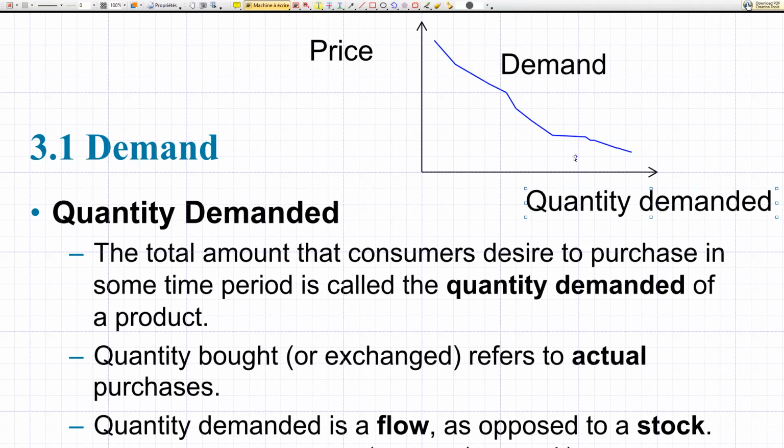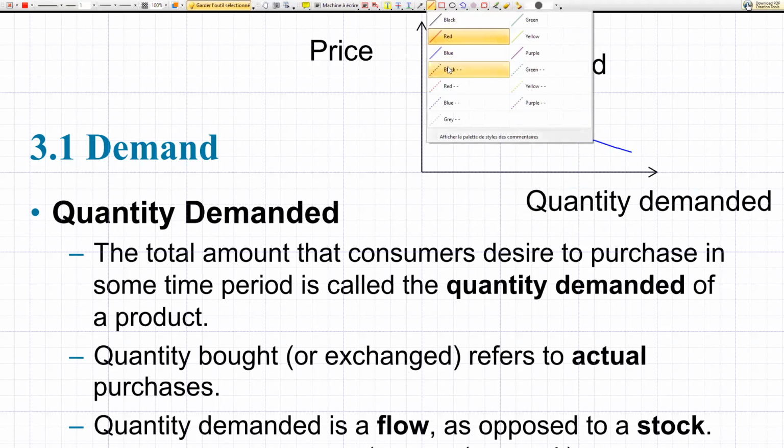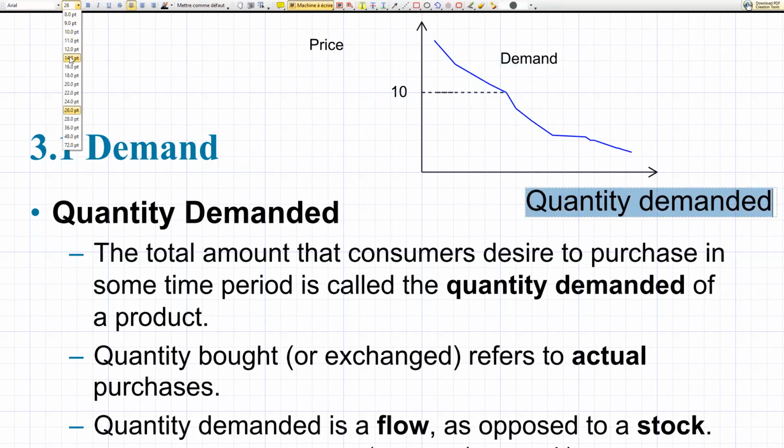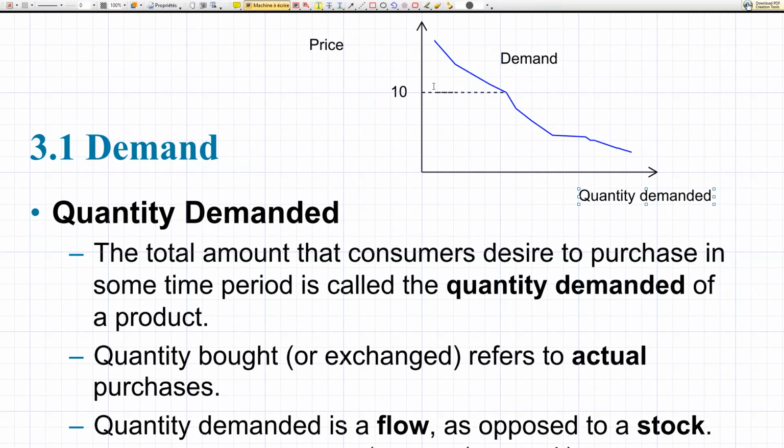and then I were to ask you, what if the market price goes from, say, 12, so this is 10, for instance, to everything smaller.